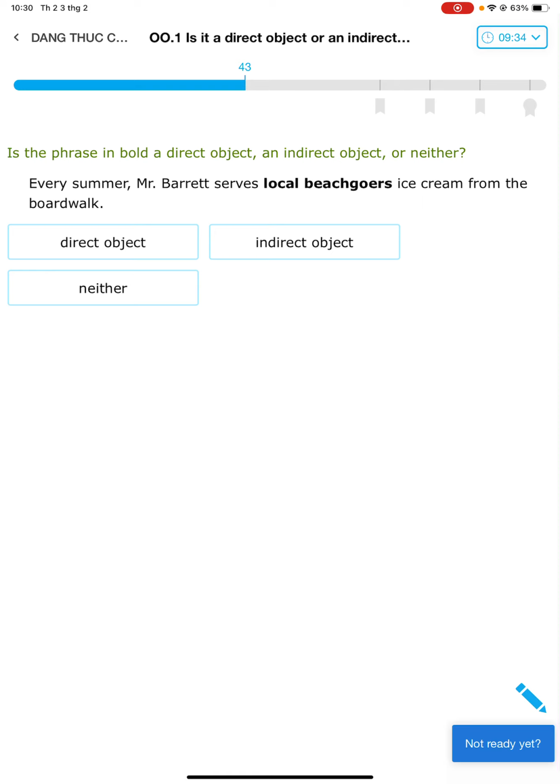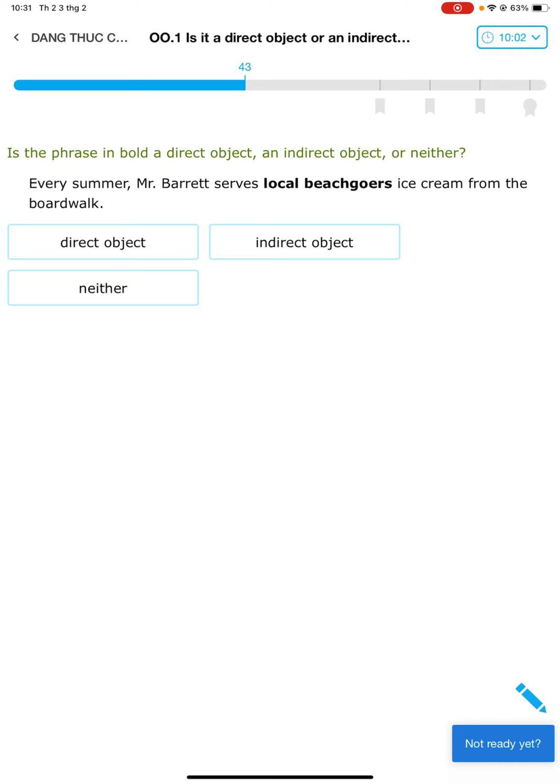Every summer, Mr. Barrett served local beachgoers ice cream from the boardwalk. I can see served is the verb, so let's ask a question: what did Mr. Barrett serve? Ice cream. Ice cream is a direct object.